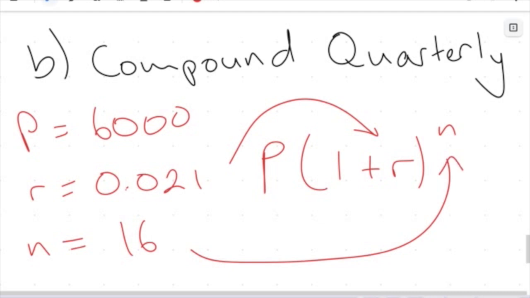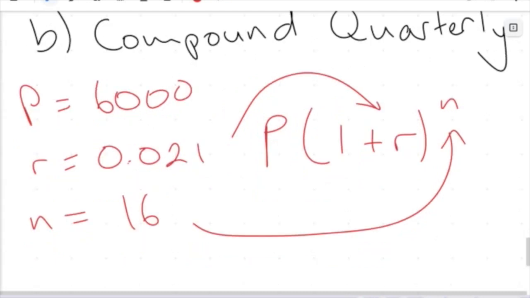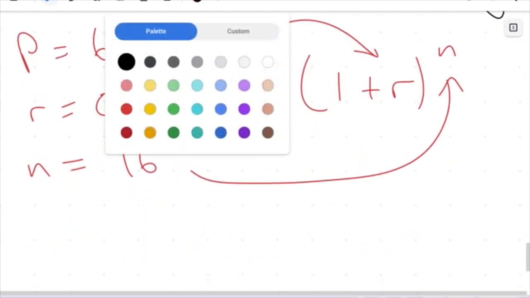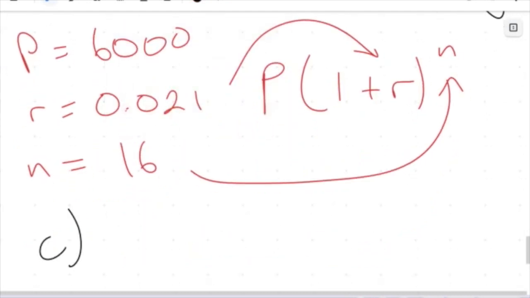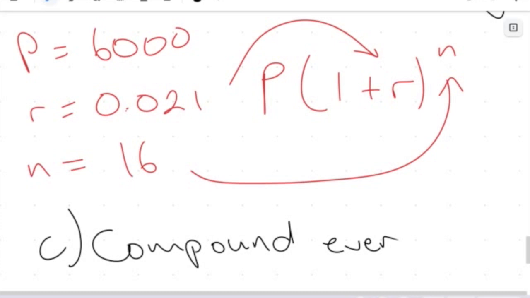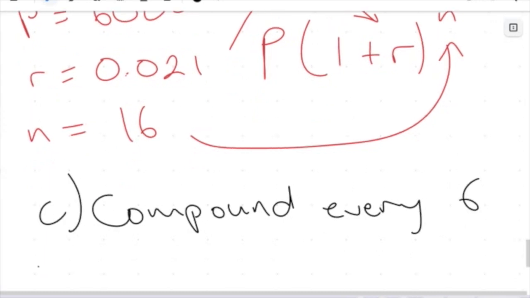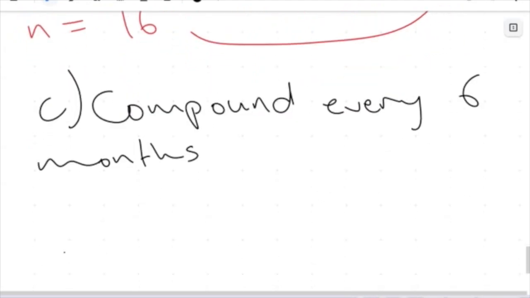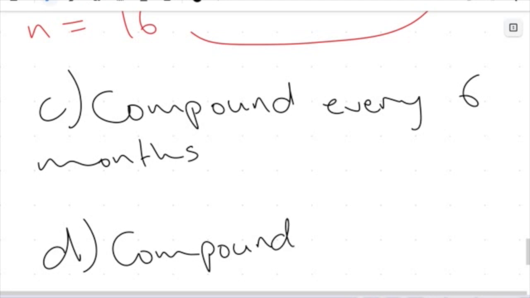But you can have a go at a couple of these. So if you wanted to at home, using these same principles, you can find if this was to compound, let's say every 6 months. You could even find the value of this if it compounded daily.